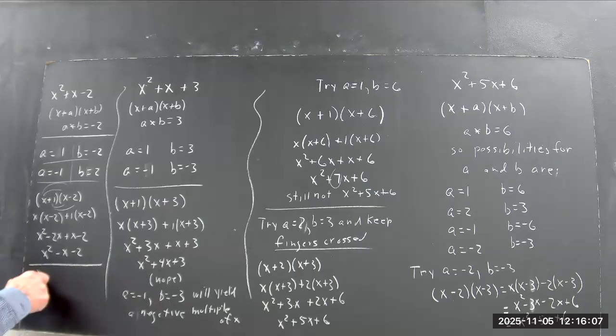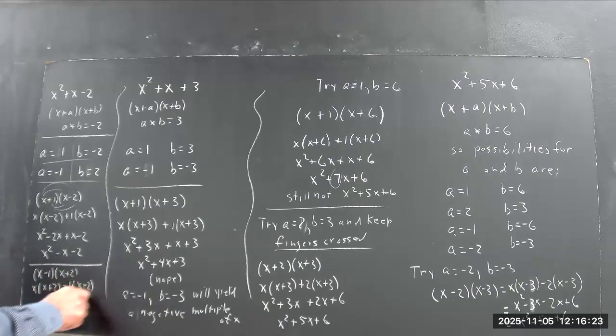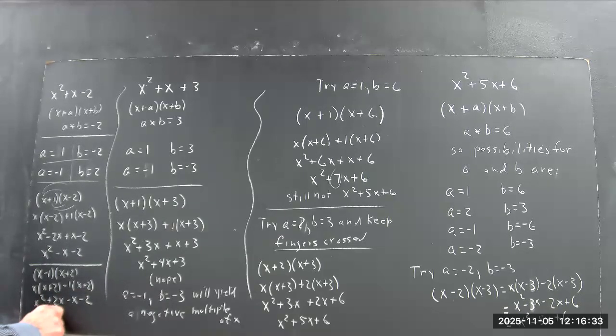But if we switch signs, multiply x minus 1 times x plus 2, well, we get x times x plus 2 minus 1 times x plus 2, which is x squared plus 2x minus x minus 2, which is x squared plus x minus 2. And that checks out just fine with what we started.